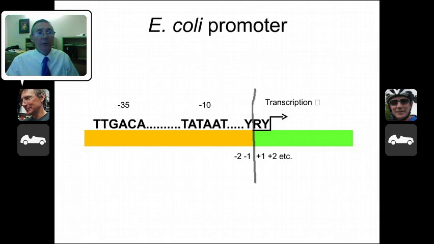Okay? The start point of transcription, then, the very first nucleotides transcribed, when I showed you this previously, you saw that as CAT. Actually, it's more general than that. It's pyrimidine, purine, pyrimidine, purine, pyrimidine. Okay, YRY. By the way, Y is the one-letter abbreviation for pyrimidine. R is the standard one-letter abbreviation for purine. So YRY.